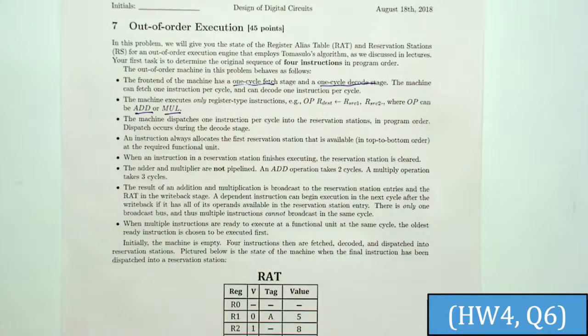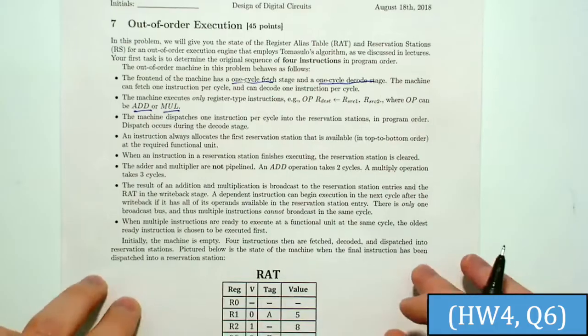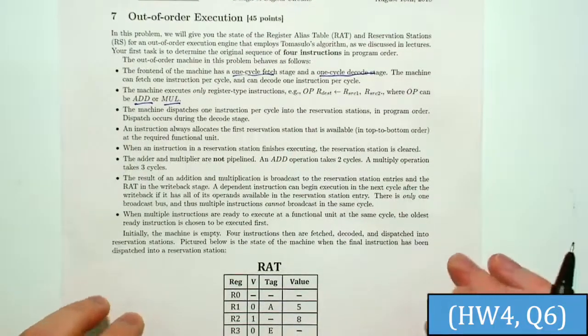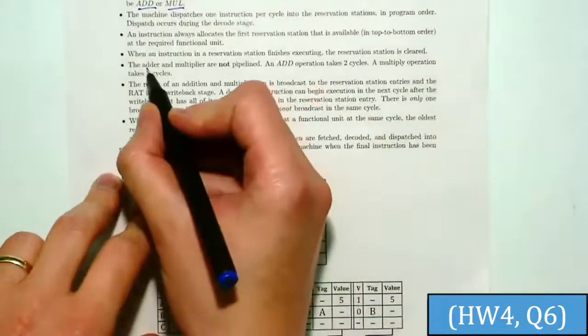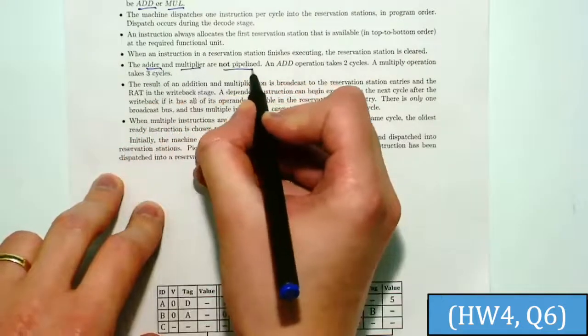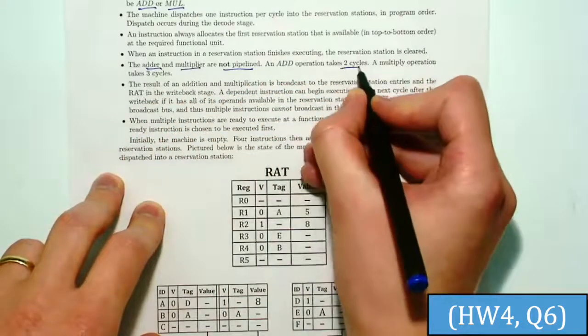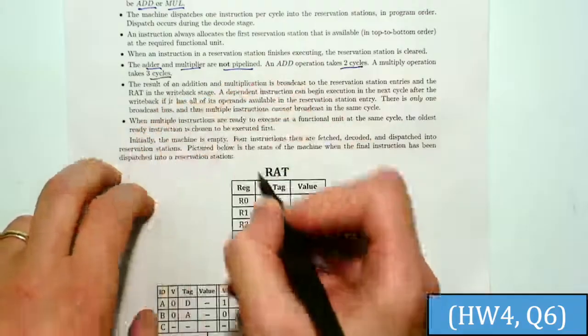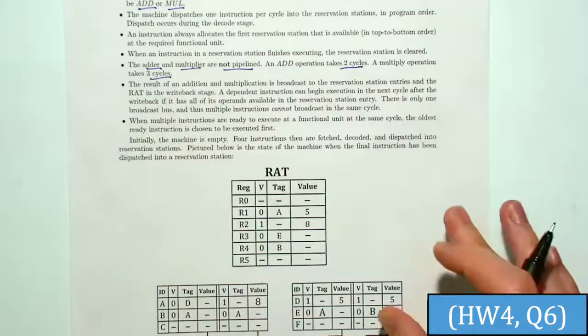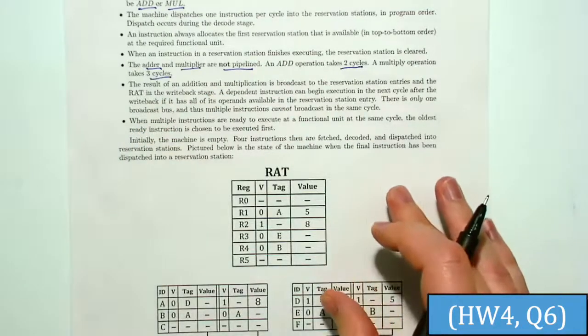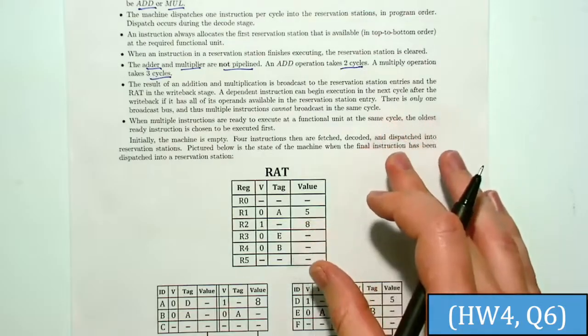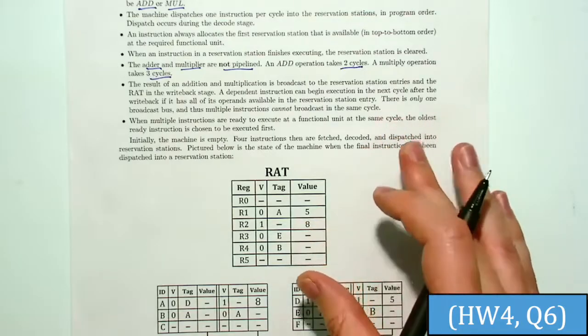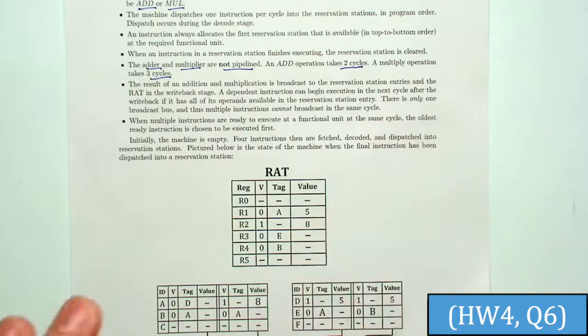And each of those takes a different number of cycles in the execution unit. So the adder and the multiplier are not pipelined, and the addition takes 2 cycles and the multiplication takes 3 cycles. I will refer to the text in the question later.